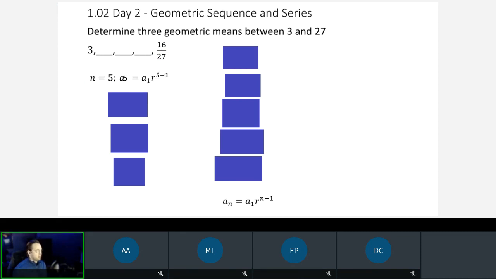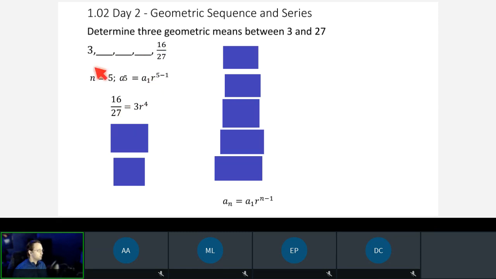All right, n is 5, right? So a sub 5 is equal to a sub 1 times r to the 5 minus 1. So I'm going to use that formula. And then I plug in a sub 5 is 16 over 27. That goes here.